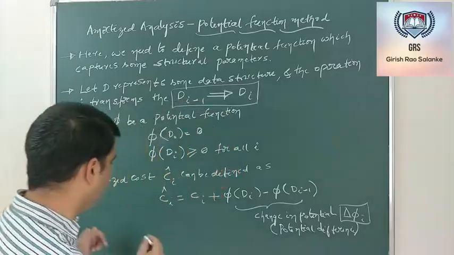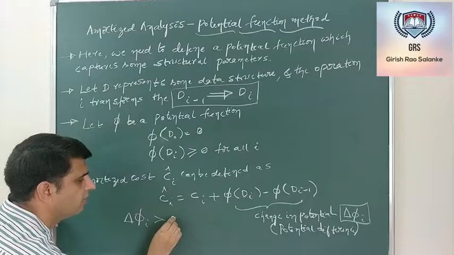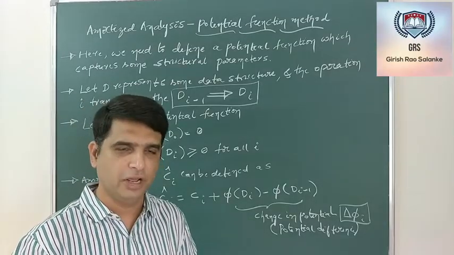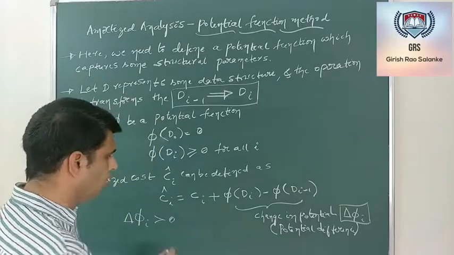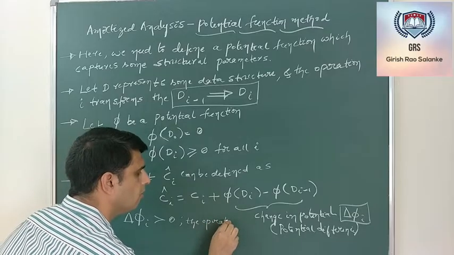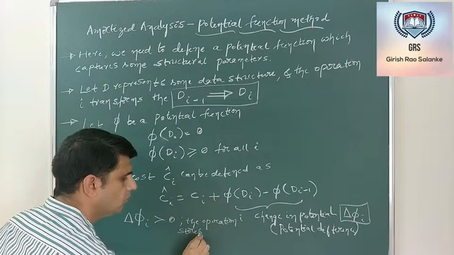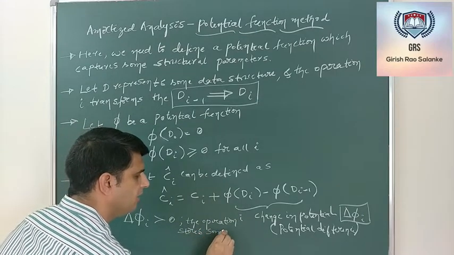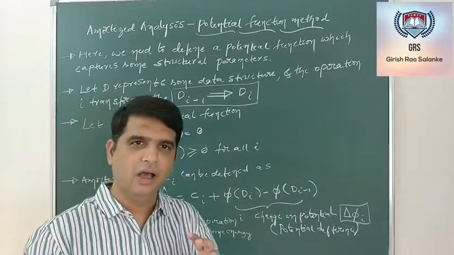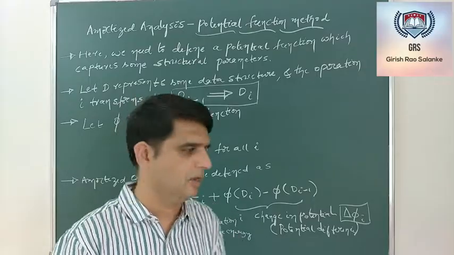Note that if this potential difference is greater than 0 on performing a particular operation i, then it implies that the operation i stores some energy. It stores some energy for performing the next operation, the next few operations.